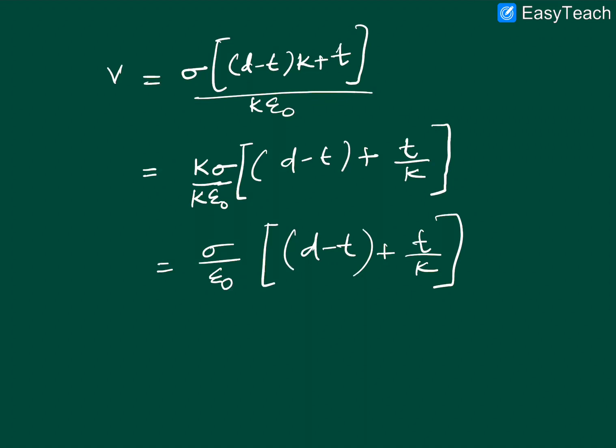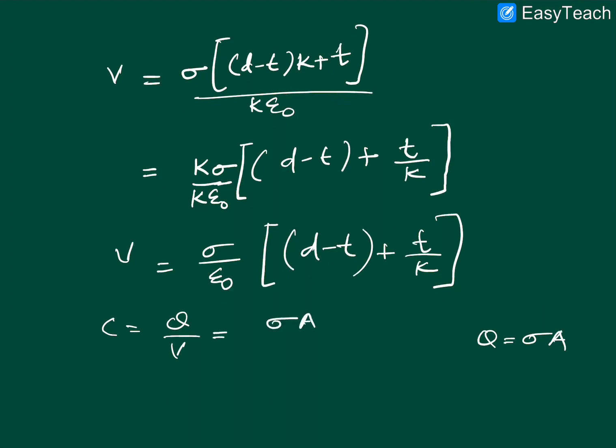So you got V. Our aim is to find capacitance. Capacitance C is equal to Q by V. Now V you got and Q you know. What is Q? Q is equal to sigma A, because sigma is the surface charge on the capacitor. So if you substitute, what you will get?